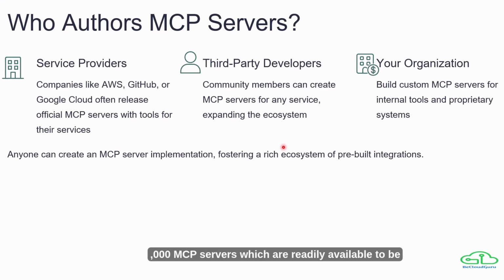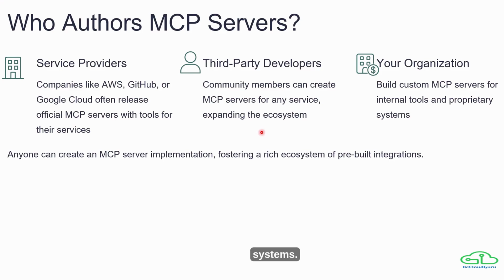There are also third-party developers, community members such as us, who can create MCP servers for any service, expanding this ecosystem, and organizations can build their own custom MCP servers for internal tools and proprietary systems. In short, anyone can create an MCP server implementation and basically help us have a rich ecosystem of pre-built integrations. I hope this explains what an MCP server is.